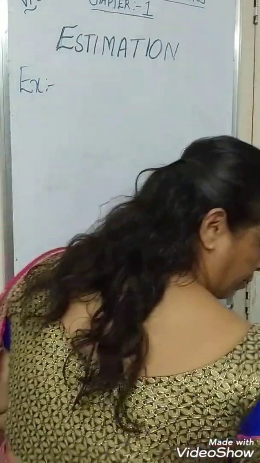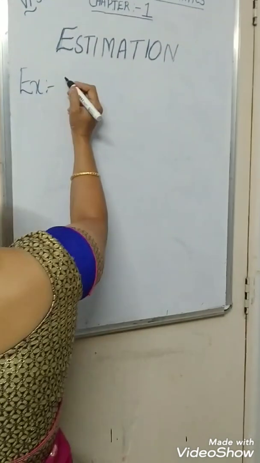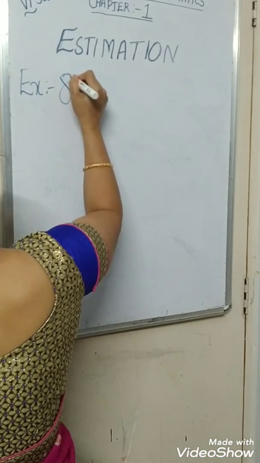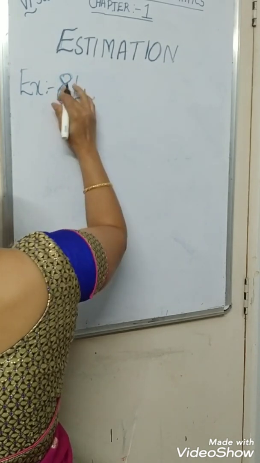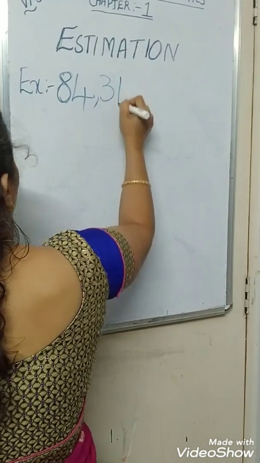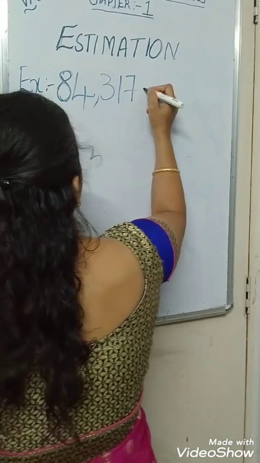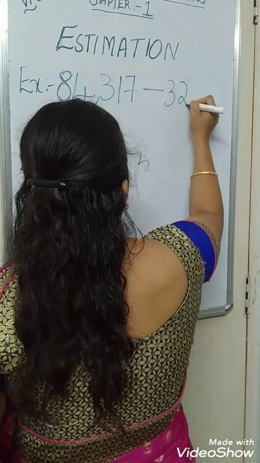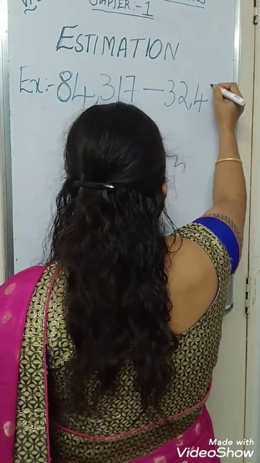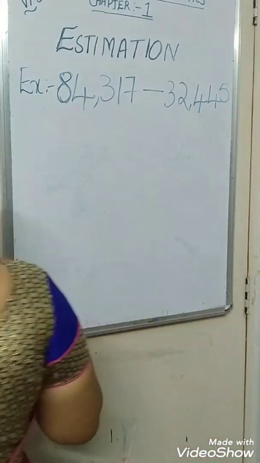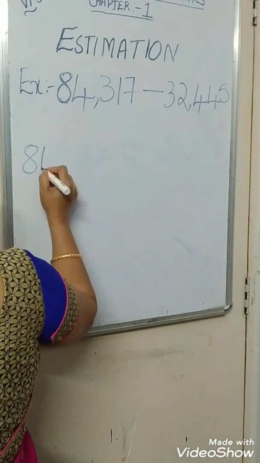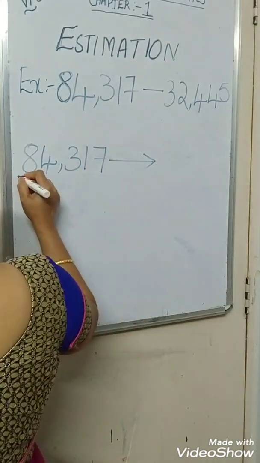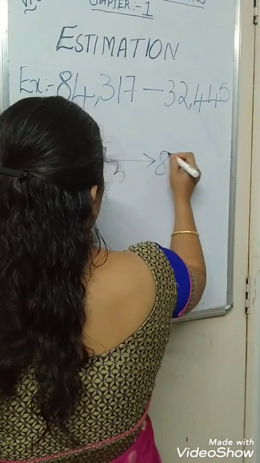Now, look at the example of subtraction. 84,317 is subtracted with 32,445. So, before subtracting, let us estimate this. 84,317 is estimated as 80,000.